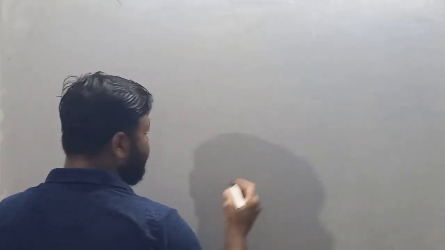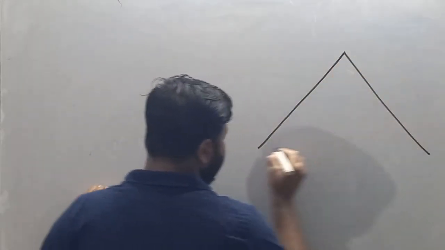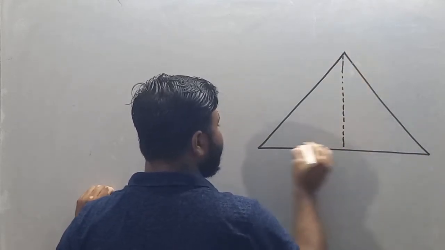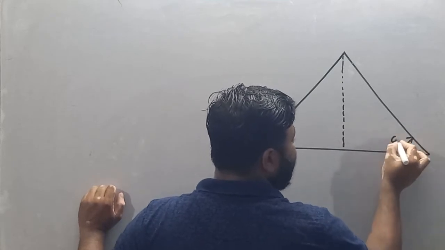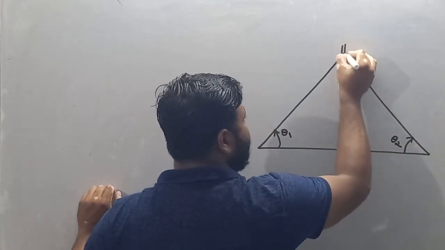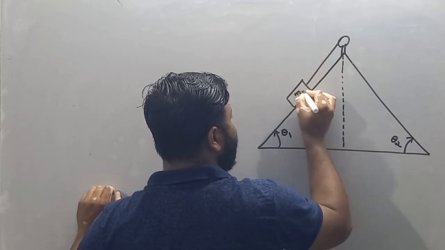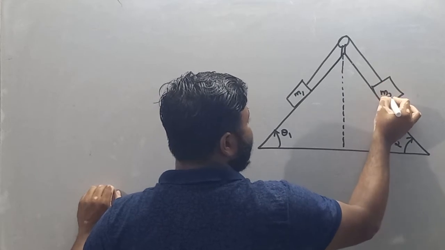Now see, my dear student, this is our double inclined plane. This angle of inclination is theta 1 and this angle of inclination is theta 2. Here we have a pulley and we have a block of mass m1, and on this side another block of mass m2.